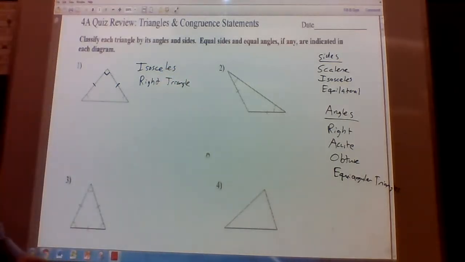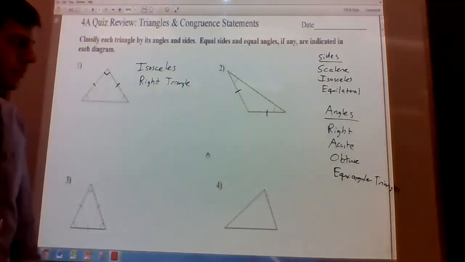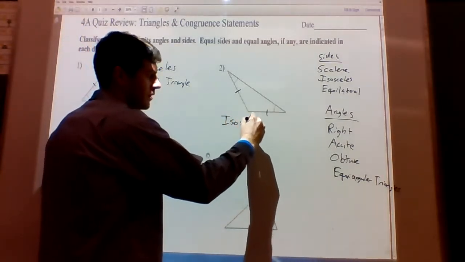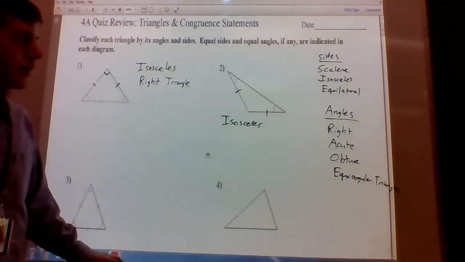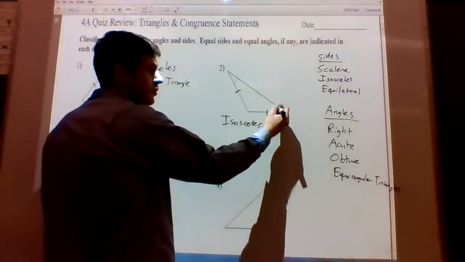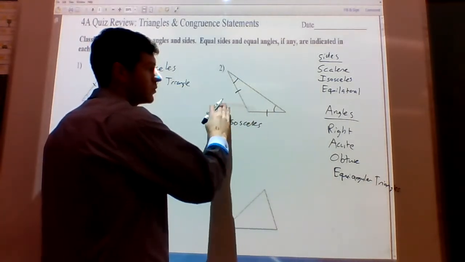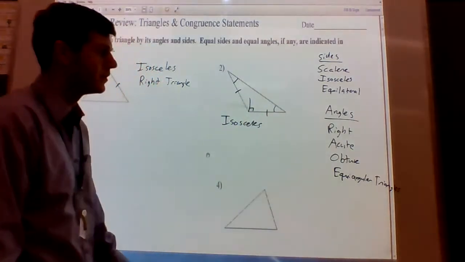Number 2, again, we have 2 congruent sides, so it's going to be isosceles. If we look at our angles, we notice we have 2 acute angles and 1 obtuse angle. If this was a right angle, it would look something like that.